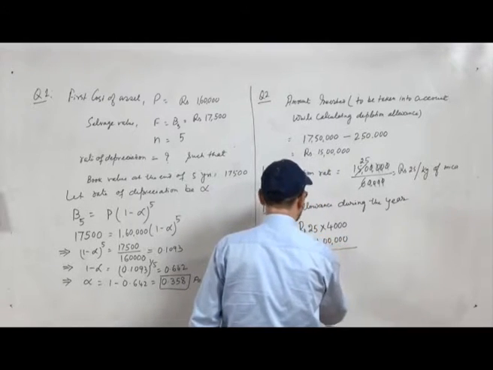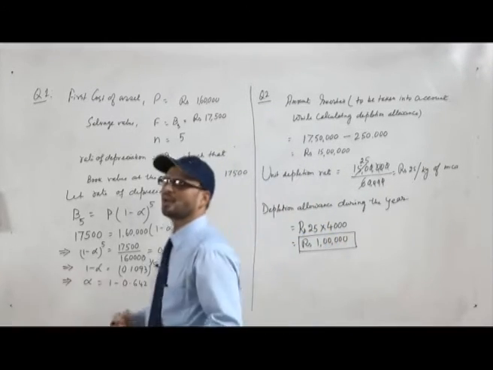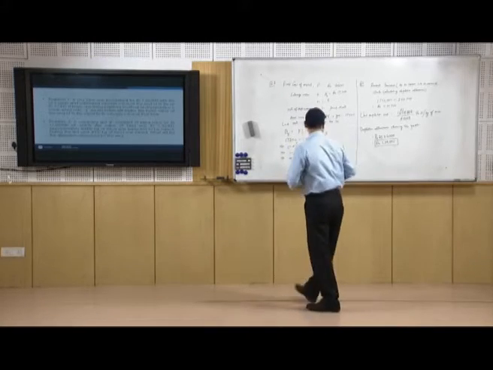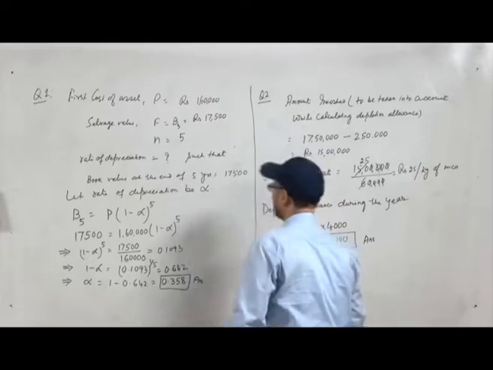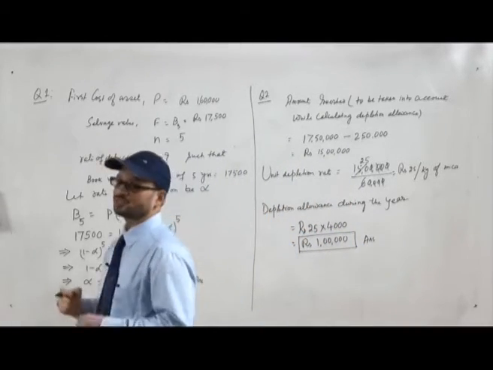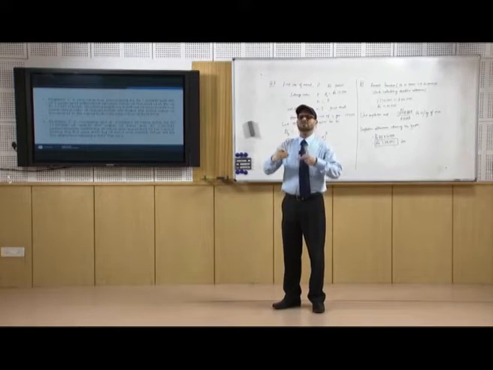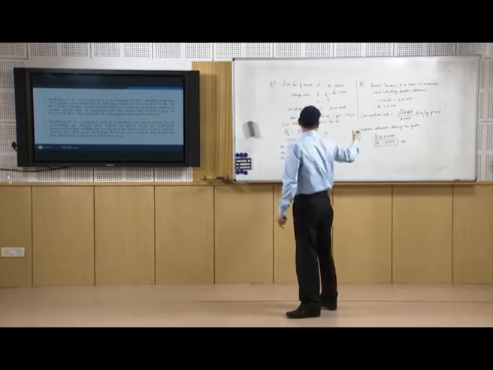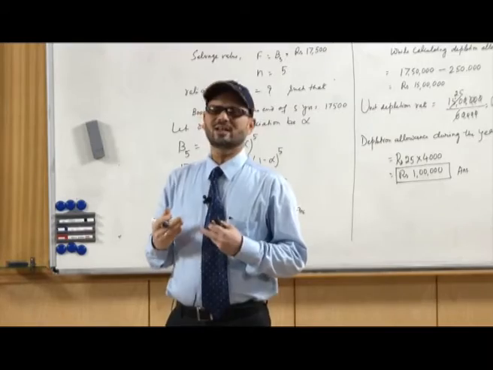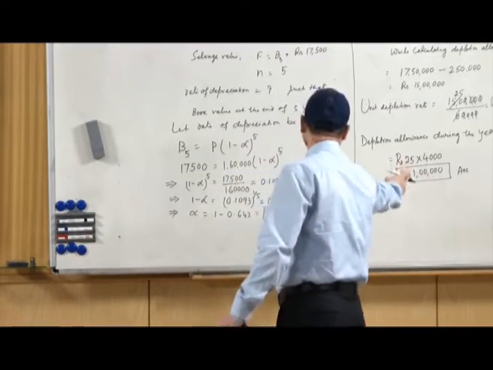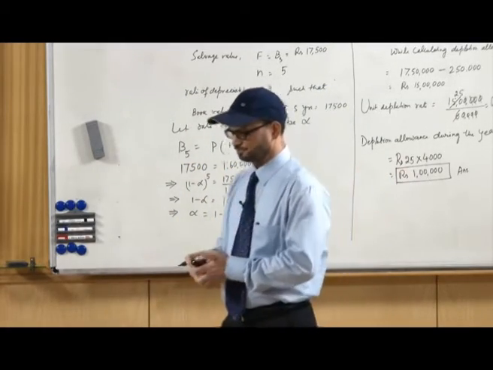This rupees 1 lakh is the depletion allowance which is the answer for this question. Basically, it is similar to the cost percentage basis of depletion, and the same concept as the unit of production method is adopted here to find the answer.